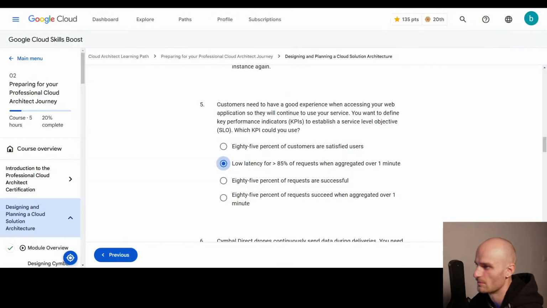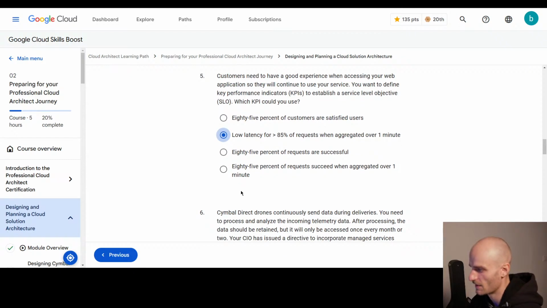Highly available, which I don't remember where it is, but this looks coherent with high availability among all the others.